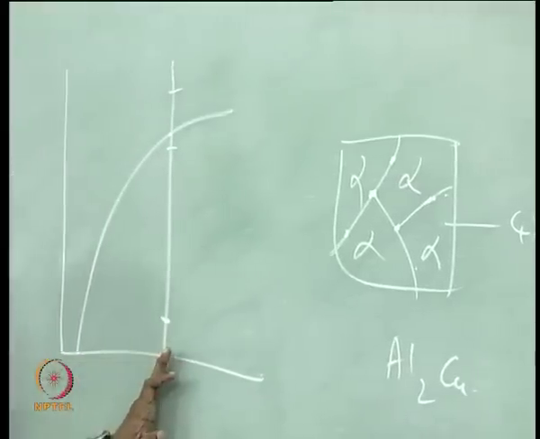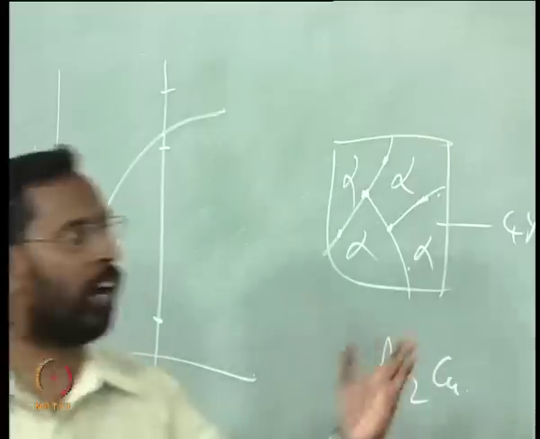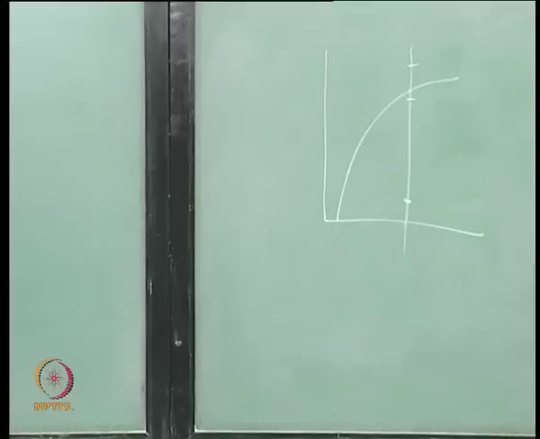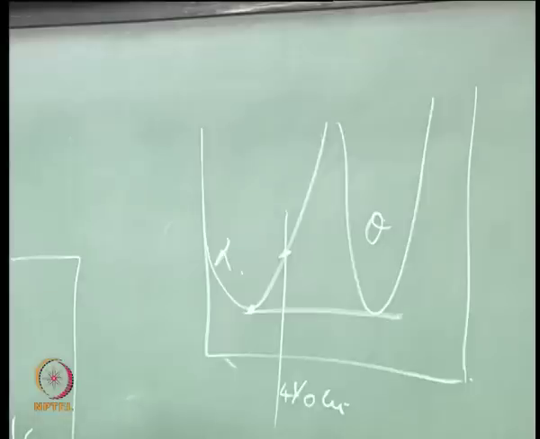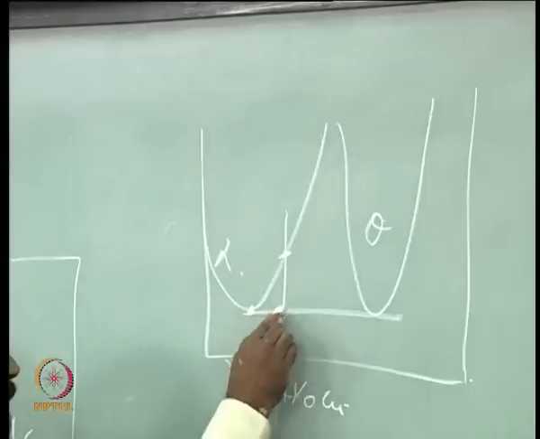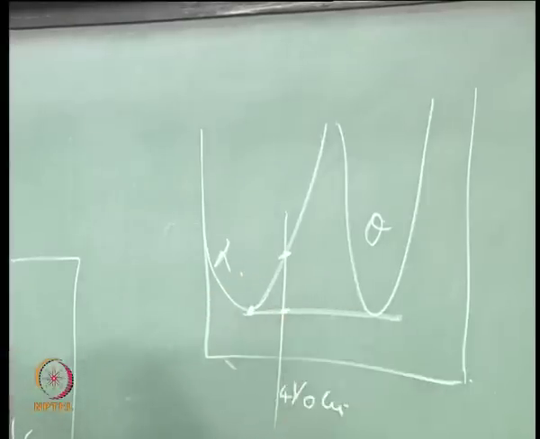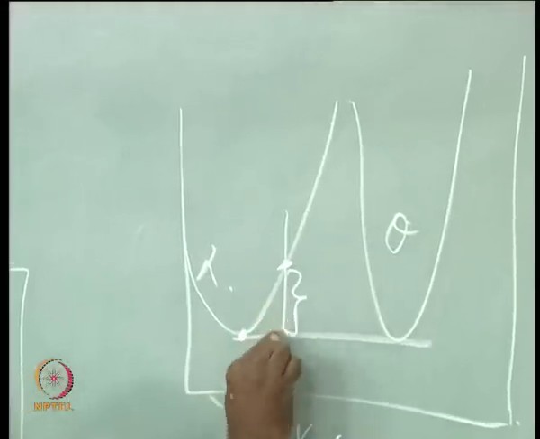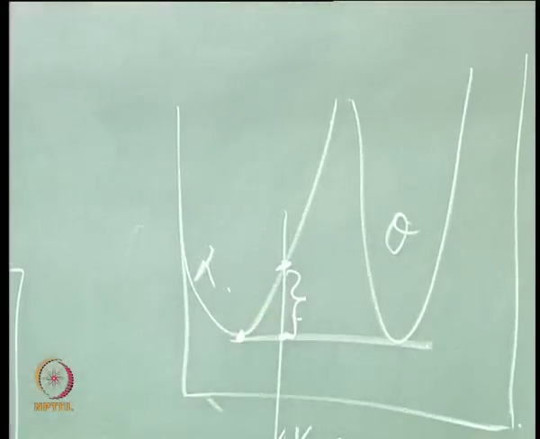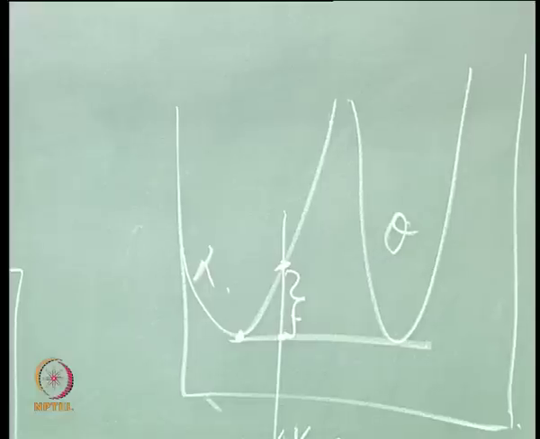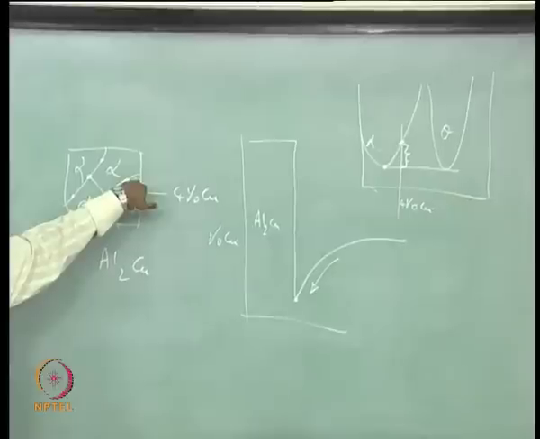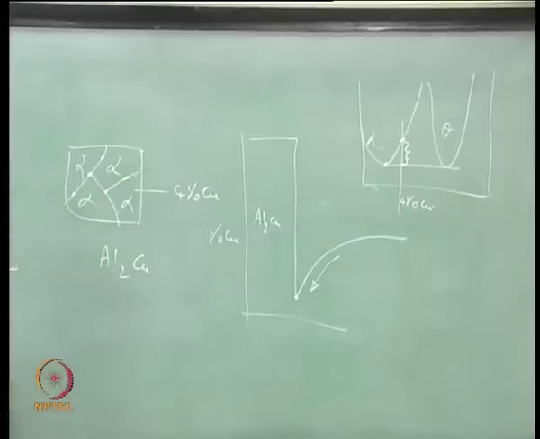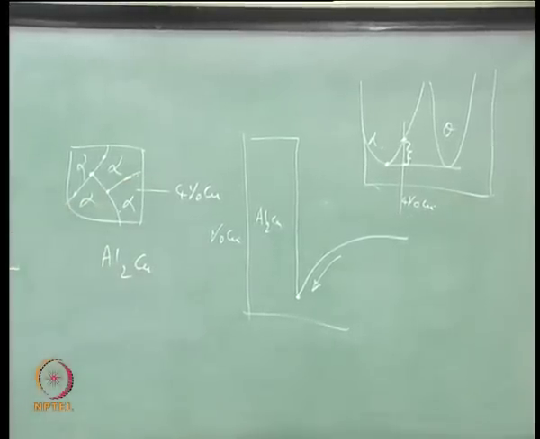The supersaturated alpha is not stable because it has a free energy of this, which is much higher than this, which is a two phase mixture. So, it wants to precipitate out, then it sees that such a precipitation at the grain boundary is difficult, then it starts looking for other ways of nucleation.